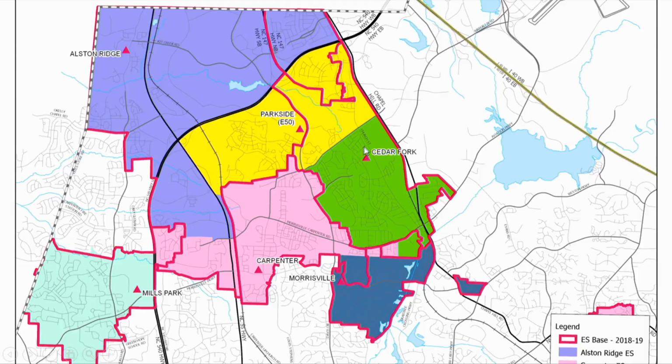Parkside Elementary is providing relief to Cedar Fork, which is necessary. Unfortunately, we'll talk about the calendar of Parkside, but it must provide relief to Cedar Fork because Cedar Fork cannot continue to operate at its current crowding. We had some proximity here. These students are assigned to Carpenter today and are being proposed to be assigned to Morrisville, which is directly across the street.